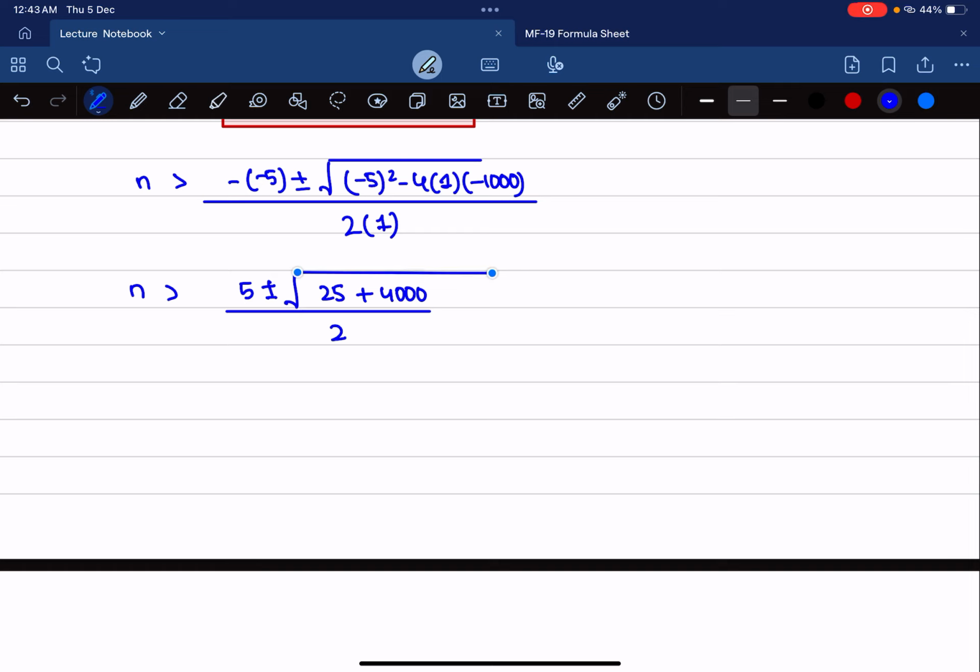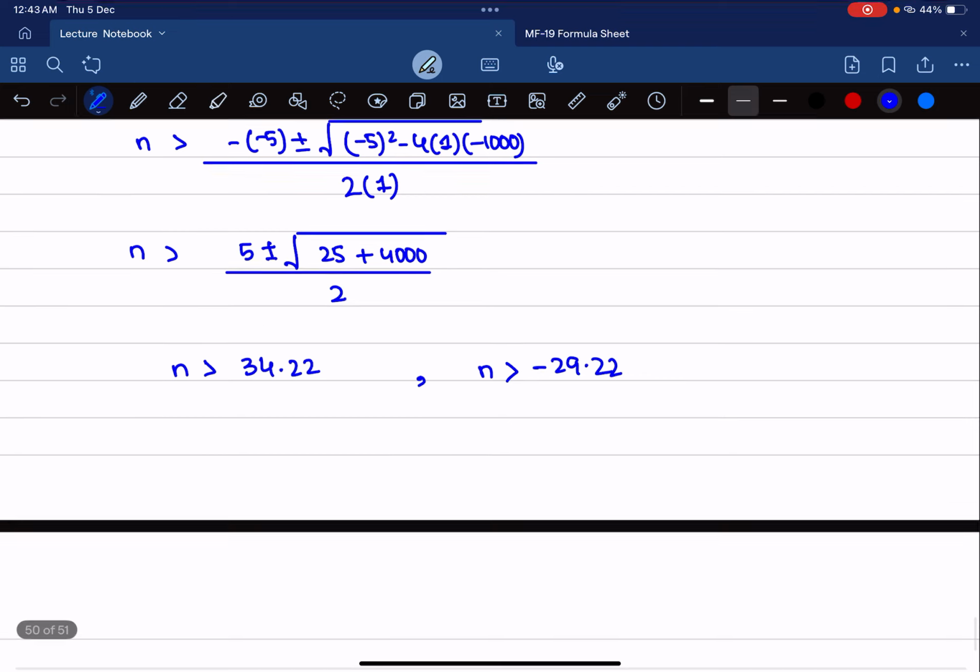So you just put in the values directly into the calculator and you will end up getting some values. Let me calculate. If I put all these values in the calculator, I'll get one value, which is n is greater than 34.22, and my other value is n is greater than minus 29.22.